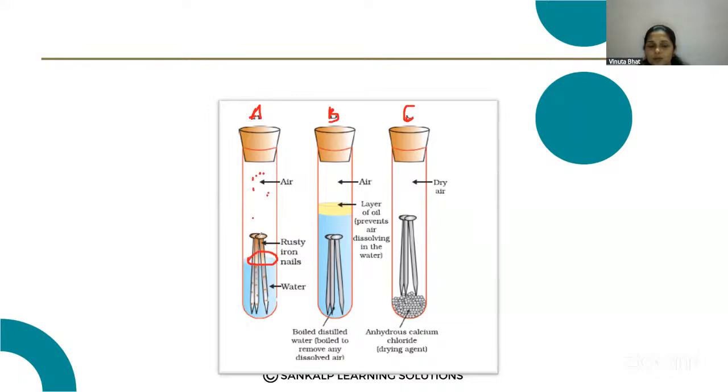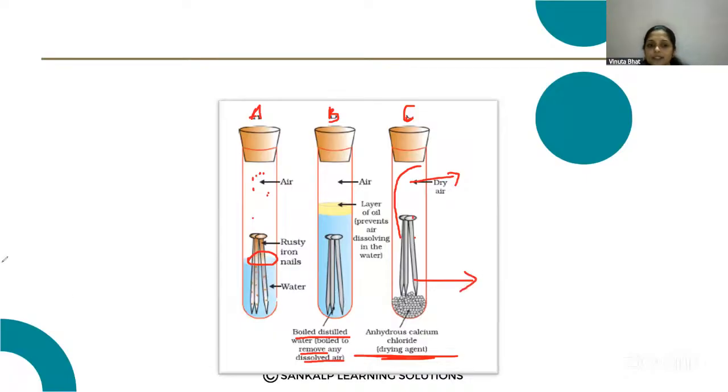In the second one, boil distilled water to remove any dissolved air, so there is no air present, only distilled water. In the third, dissolved air is not there and only dry air is present. Calcium chloride is used here as the drying agent.